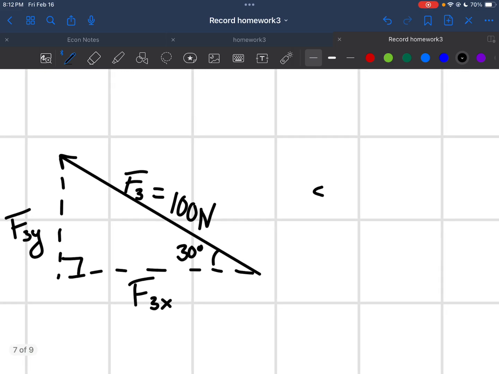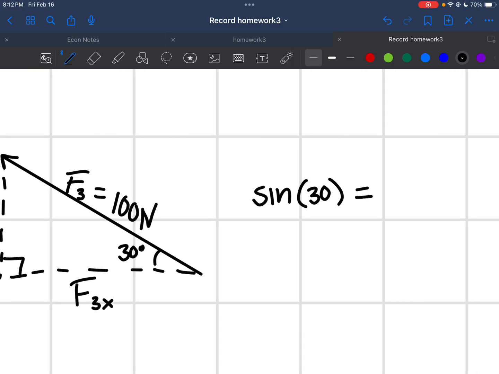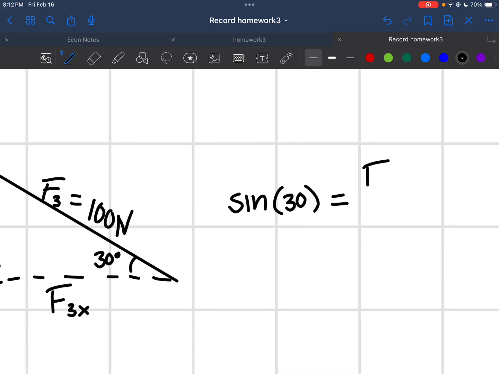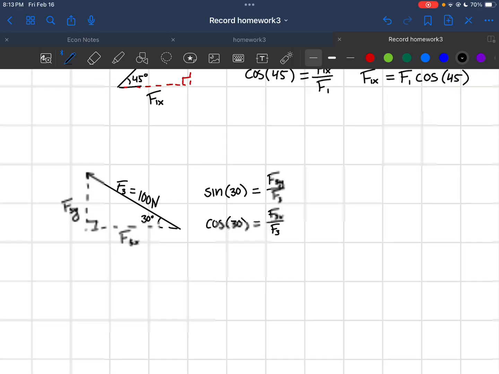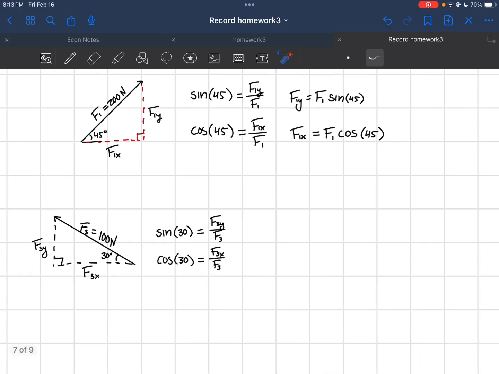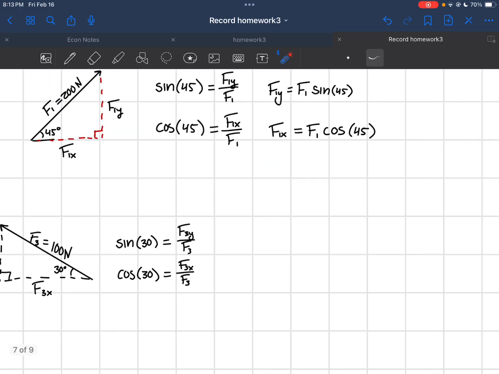So if I throw my trig function at it, I say sine of 30 is opposite over hypotenuse. So it'll be F3y over F3. And cosine of 30 will be F3x over F3. Again, I can solve these for my F3y and my F3x.